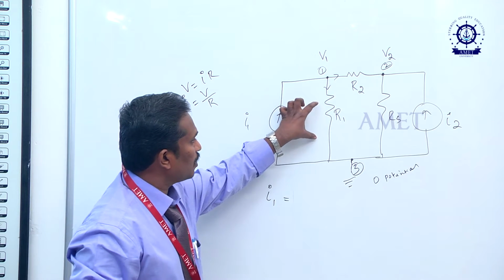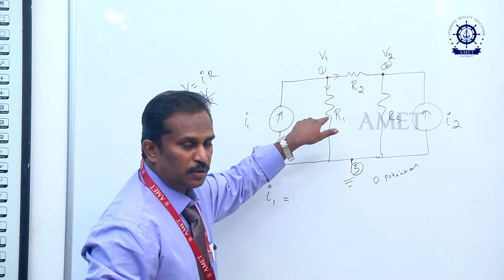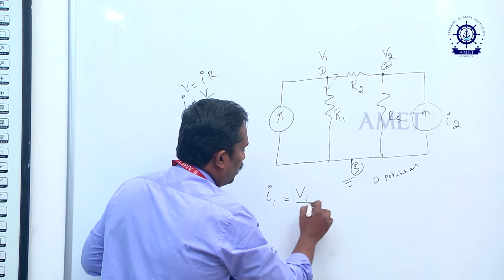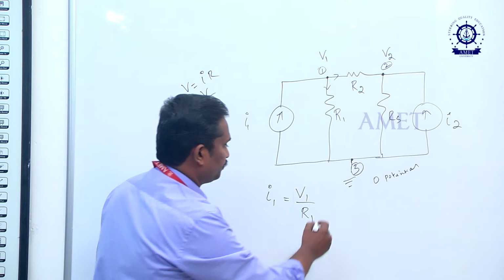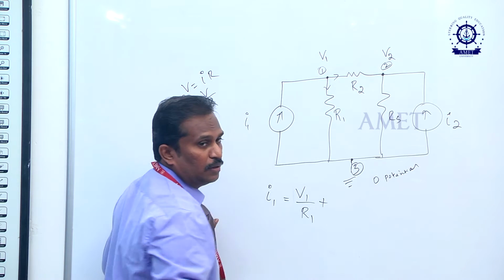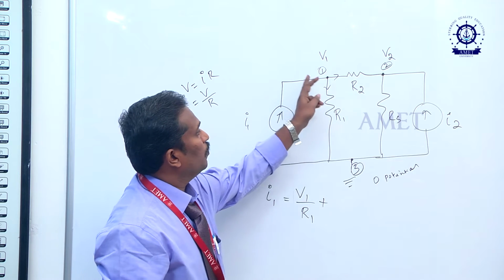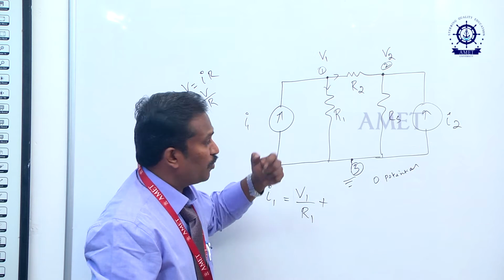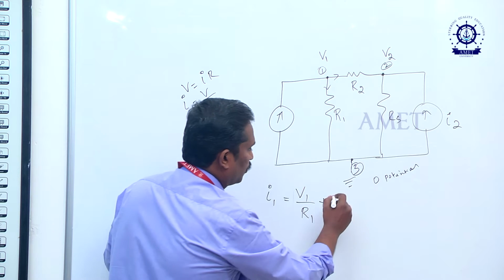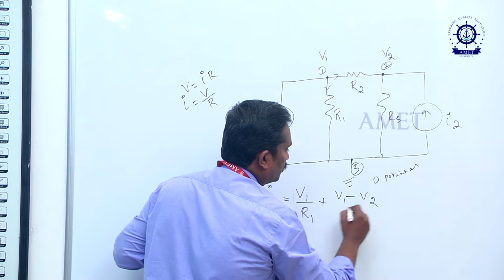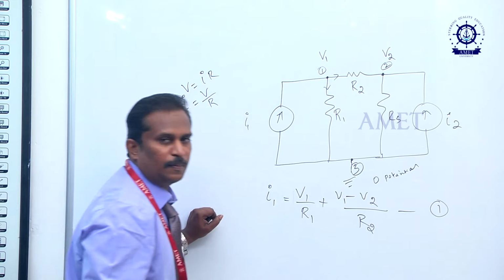Here the voltage across R1 is V1, so V1 by R1 is the current through R1, plus, because two currents are leaving, the voltage across R2 is the difference between V1 and V2, so (V1 minus V2) divided by R2. So, this is one equation.